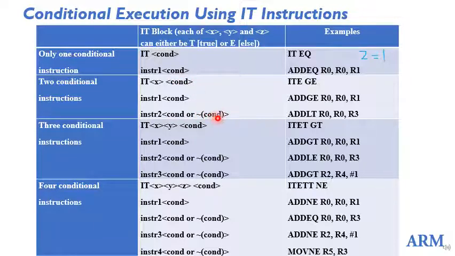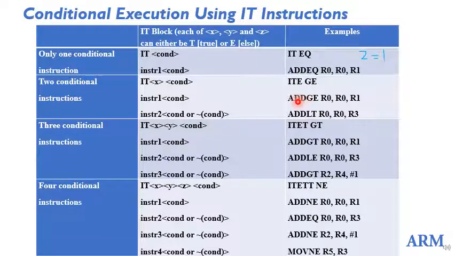For example, now this one is an if then else block, in that case with one instruction each in the if block and else block. So the instruction becomes IT, the condition is GE. GE is greater than or equal to. If GE is satisfied, then it will execute the first instruction.